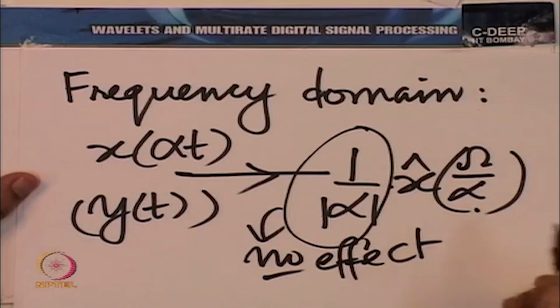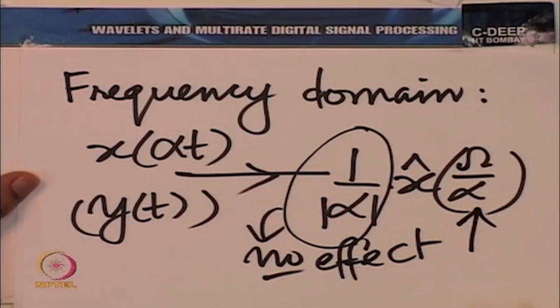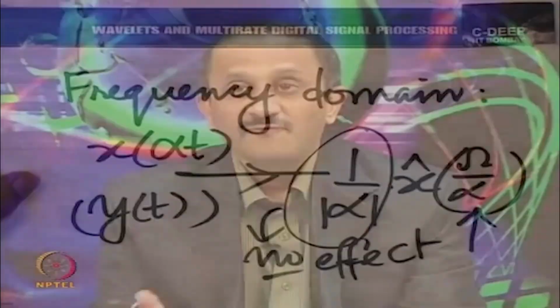It is essentially this that we need to look at carefully, the 1 by alpha scaling. And one can use a set of steps very similar to what we did in the time domain and arrive at the following conclusions.